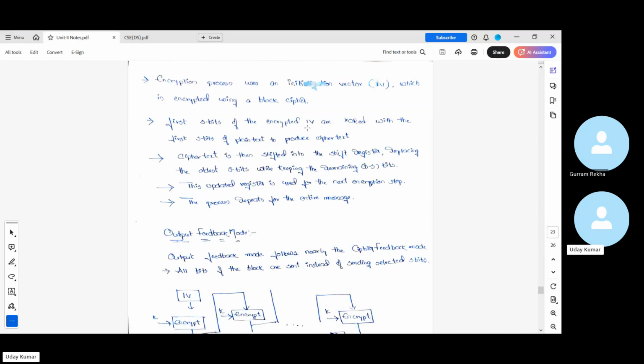The first S bits are encrypted and XORed with the first S bits of plain text to produce the ciphertext. The ciphertext is then shifted into the shift register, replacing the old S bits while keeping the remaining B-S bits. This updated register is used for the next encryption step. The process repeats for the entire message.